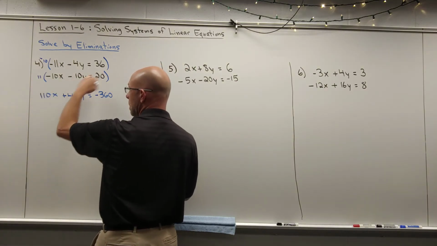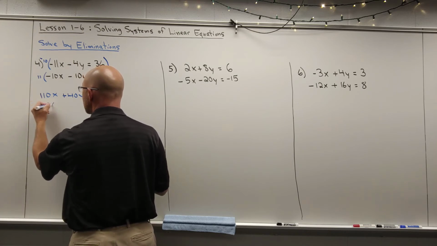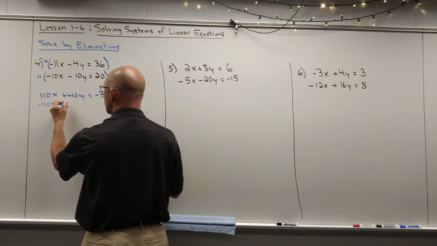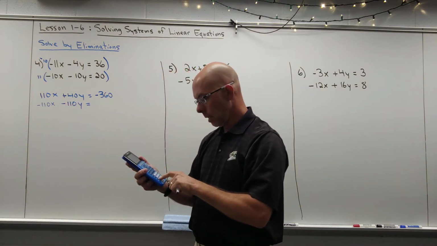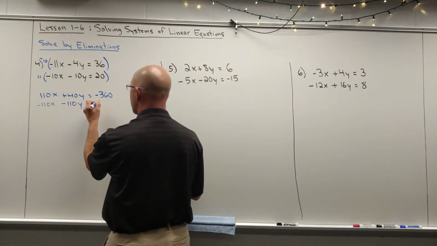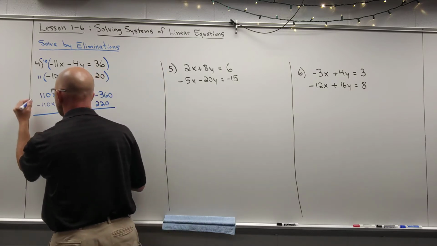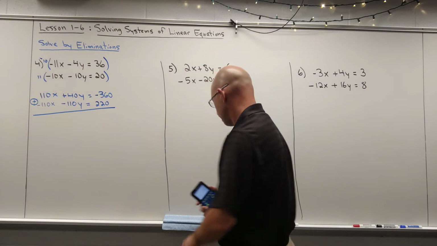11 times all of these. 11 times this is negative 110x. 11 times that is negative 110y. And 11 times 20 is 220. And now we're going to add these two equations together.